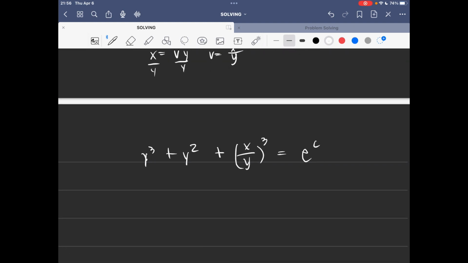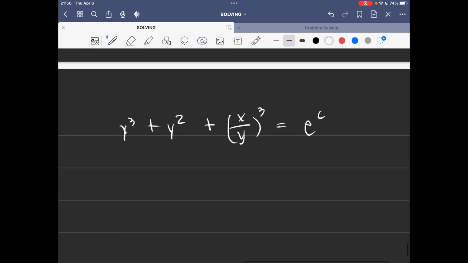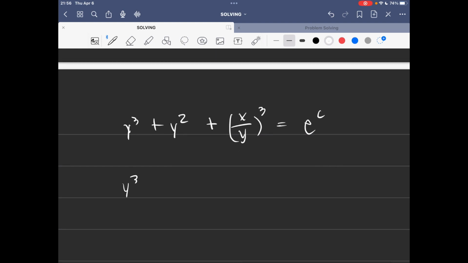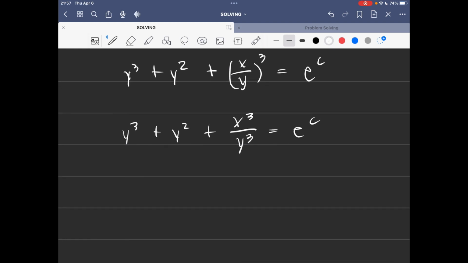So we need to distribute 3. We are going to get y cubed plus y squared plus x cubed over y cubed is equal to e raised to c. And that is it for problem number 2.